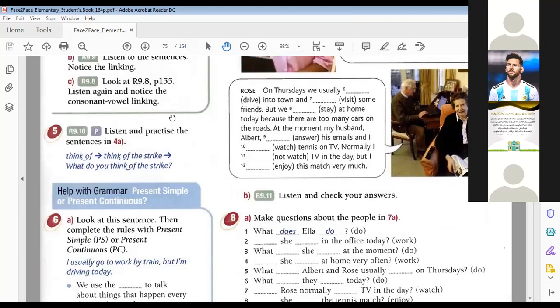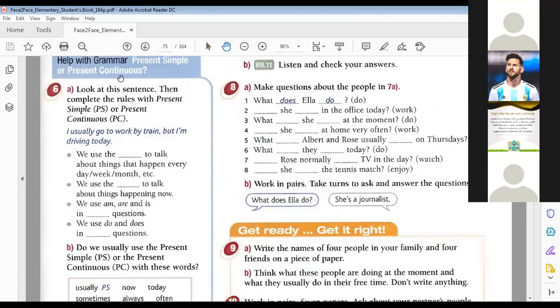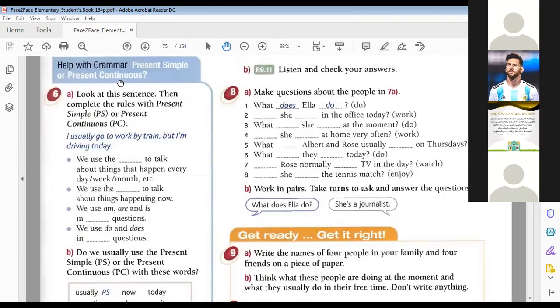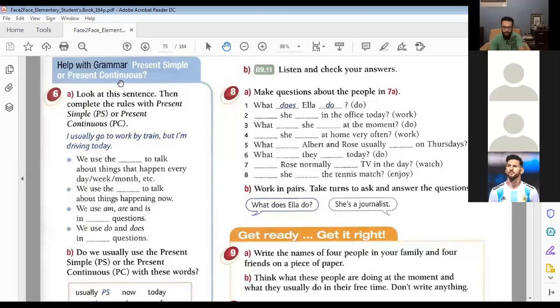Okay, we can skip number 5. Then listen. Okay, so here we have a rule. It says, look at this sentence, then complete the rules with the present simple or present continuous. So here we have to decide to use present simple or present continuous.